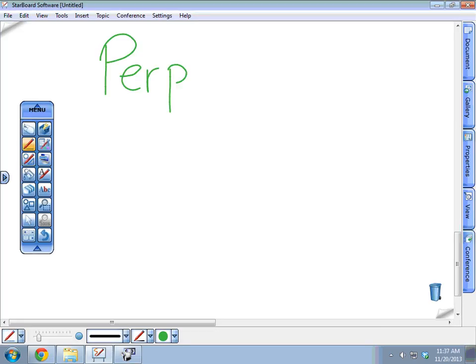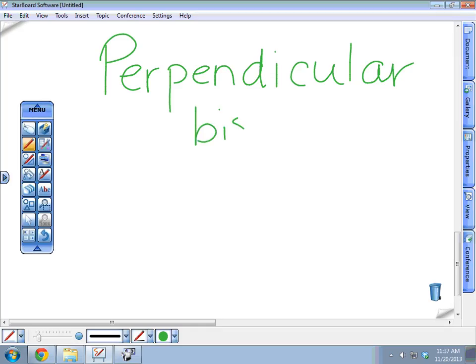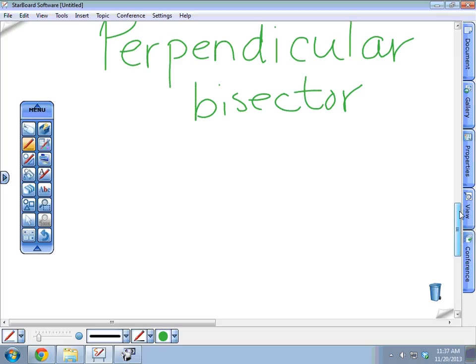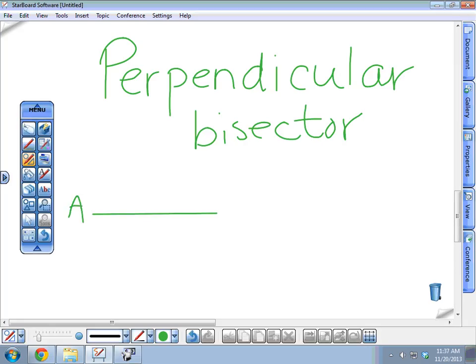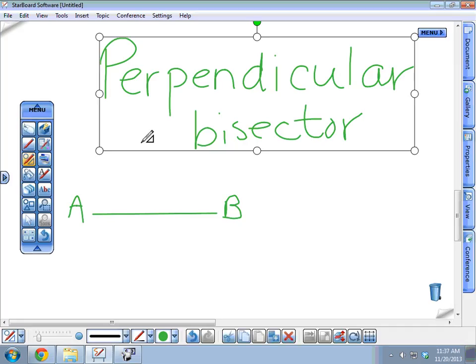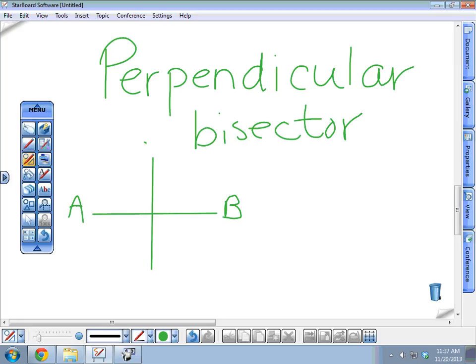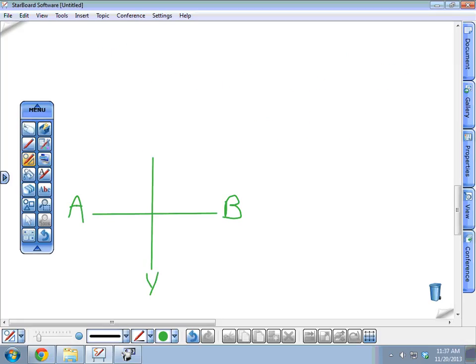And then finally, we have the idea of a perpendicular bisector of a segment. I'll call this AB, and I'll call this XY.